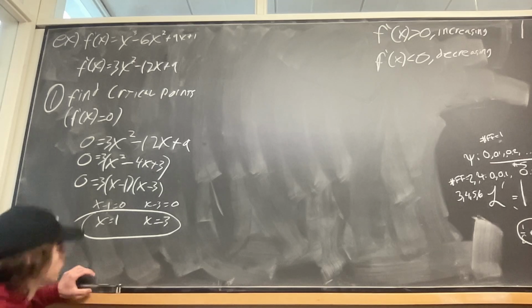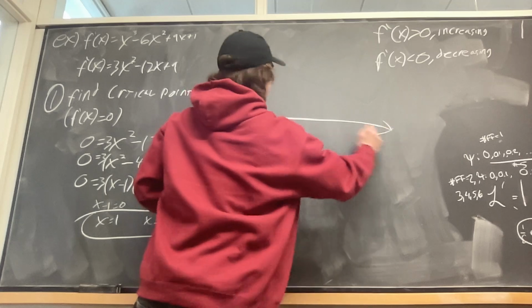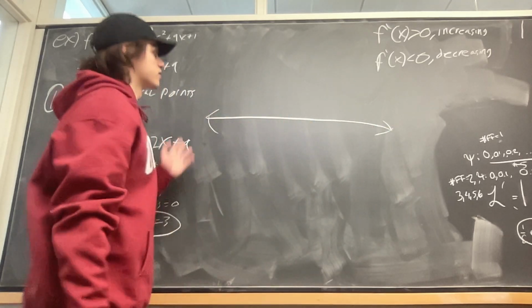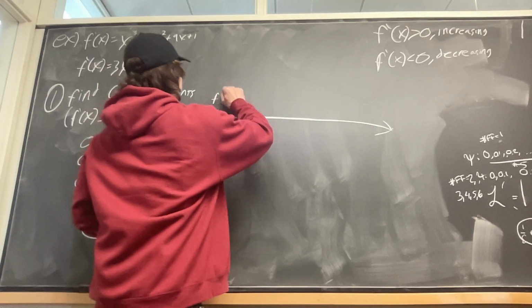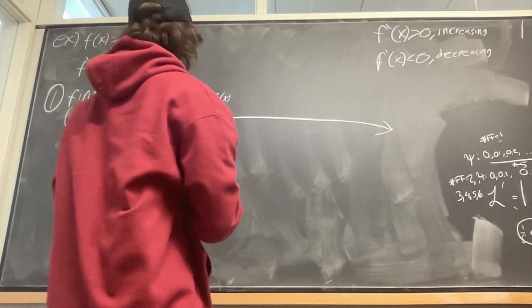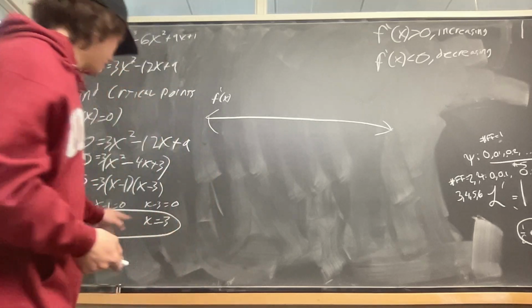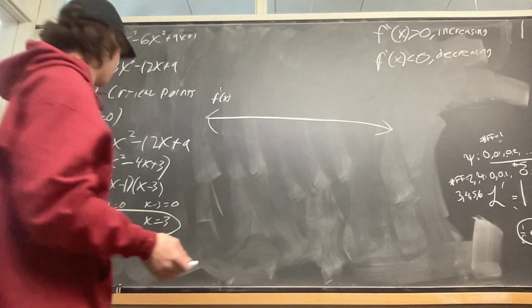Now, in order to check that, we're going to use the nice old number line. This is going to be a number line of f prime of x, or our derivative. And we're going to mark down these 2 points, because these are really the only points that we care about.